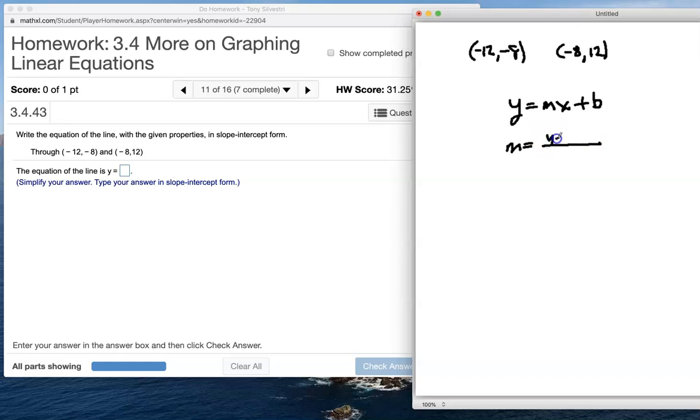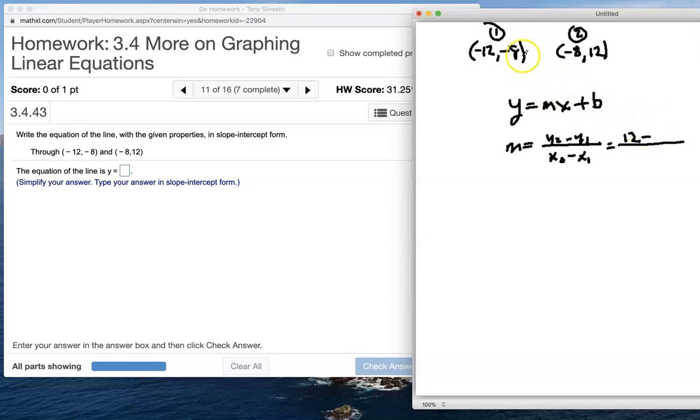It's y2 minus y1 over x2 minus x1. We'll call this point 1. We'll call this point 2 and be done with it. Here's what we got. All right. y2, 12. The y value of point 2 minus the y value of point 1, which, be careful, is minus 8.